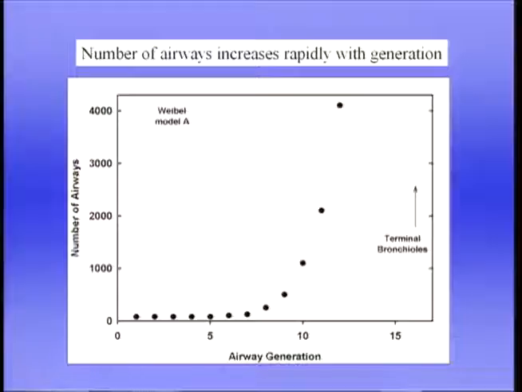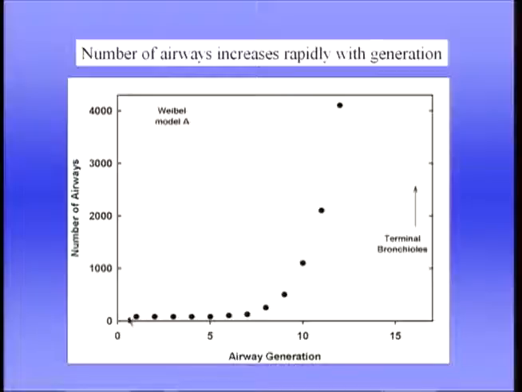It turns out that the number of airways at each generation increases very rapidly as we go down the lung. Here's a plot showing the number of airways, and this is from the Weibull model that we've talked about several times now. This shows the number of airways for each airway generation.